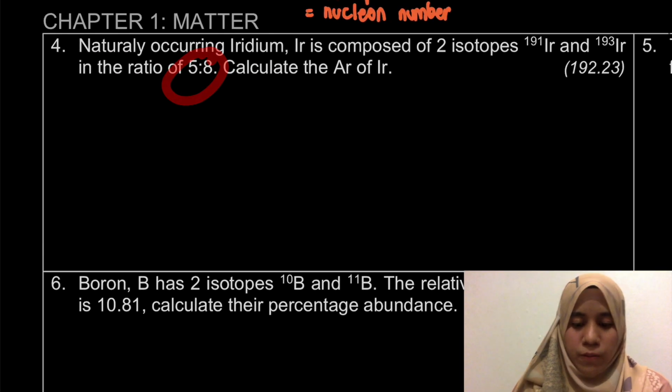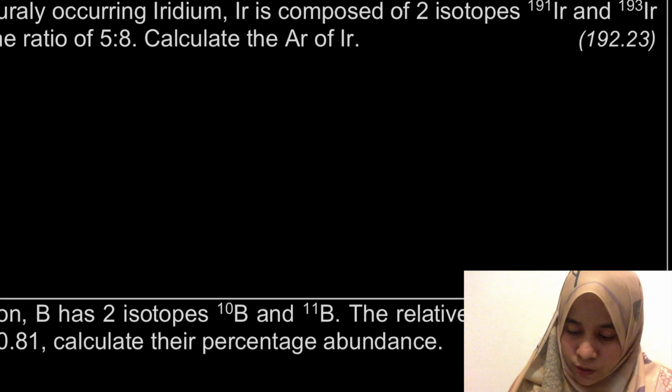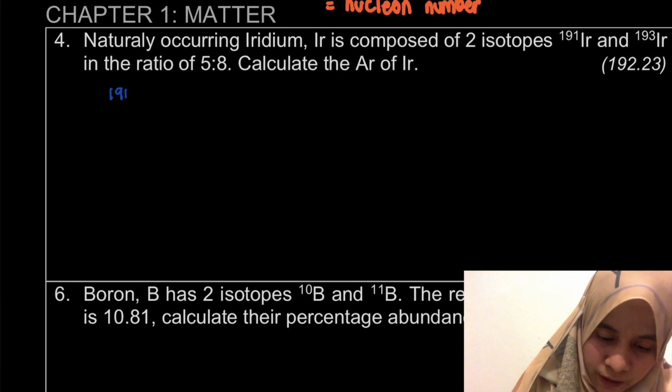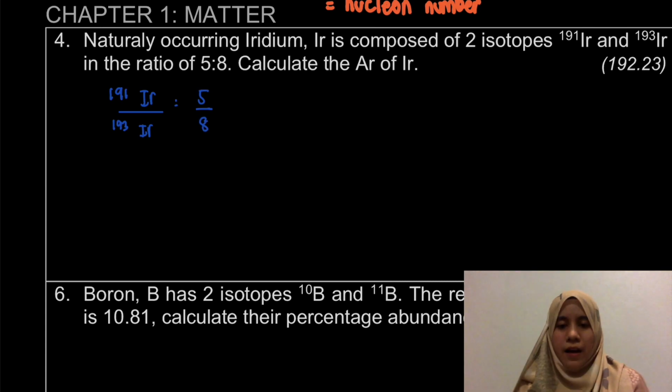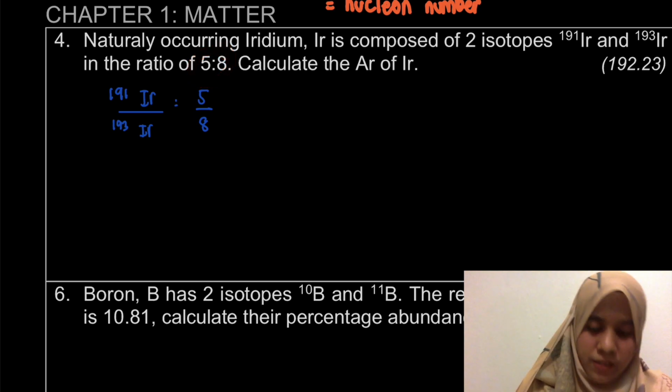So how do we do this? What does it mean here? To make it clear, iridium-191 to iridium-193 is 5:8.